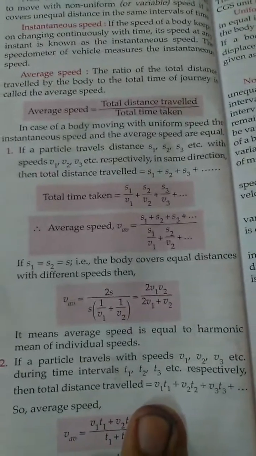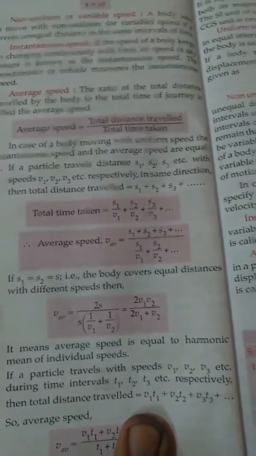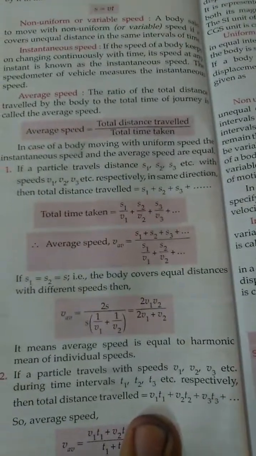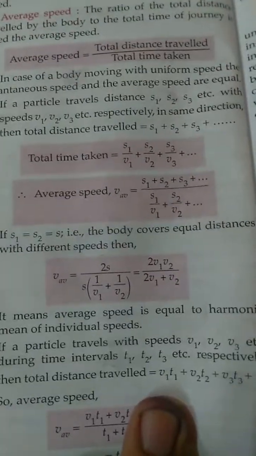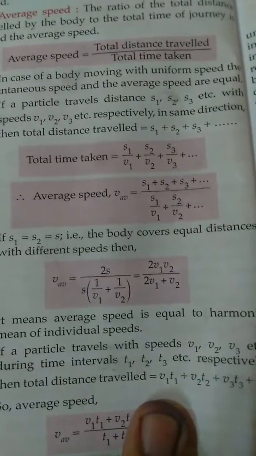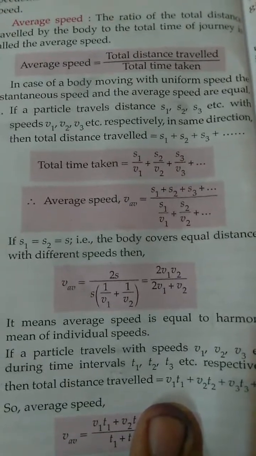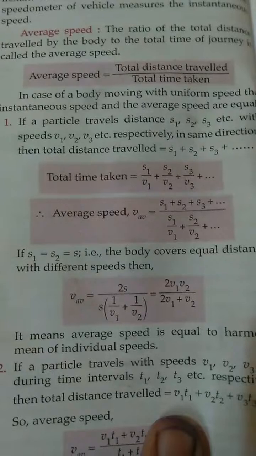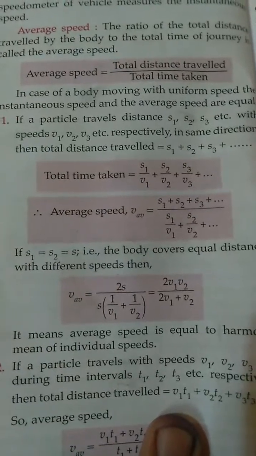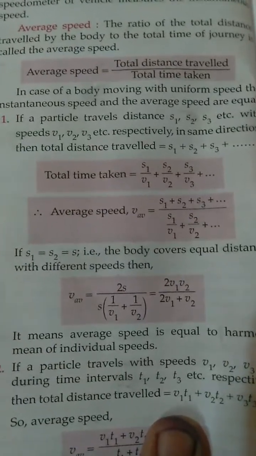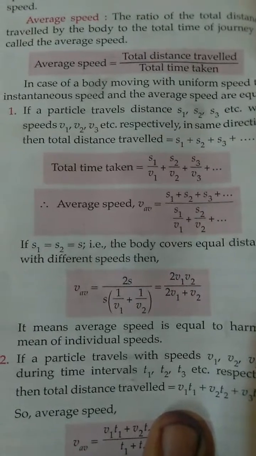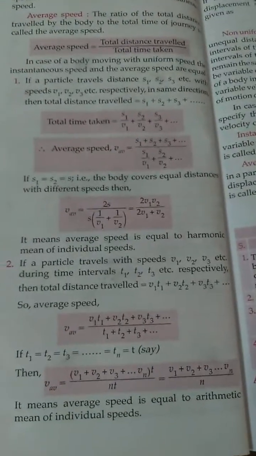So if s1 equals s2 equals s, that is, the body covers equal distances with different speeds, then v average equals 2s divided by s by v1 plus s by v2, equal to 2 v1 v2 divided by v1 plus v2. So this is the formula. It means average speed is equal to the harmonic mean of individual speeds.